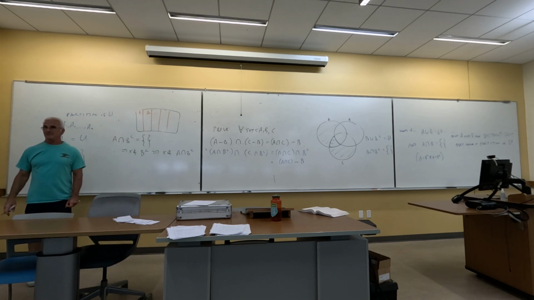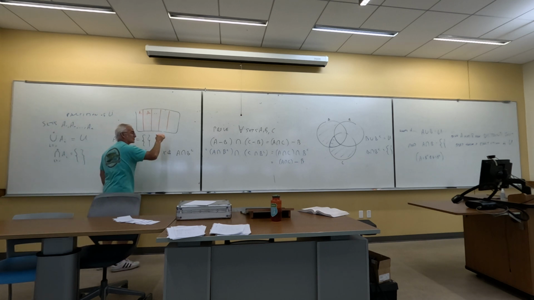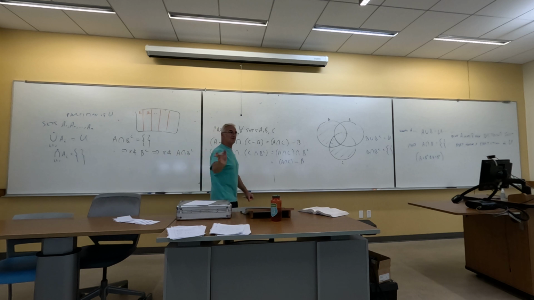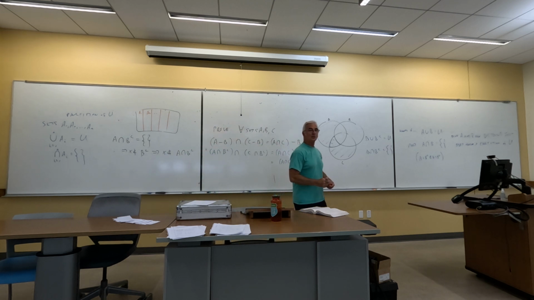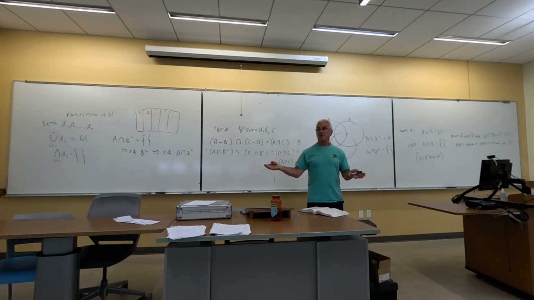Right? Now clearly, I'm drawing it so everything in A1 is here, everything in A2 is here, and so on. There's no overlap, but I filled up the entire set. So a partition literally can look like that. There's no overlap, but together they make up the whole.